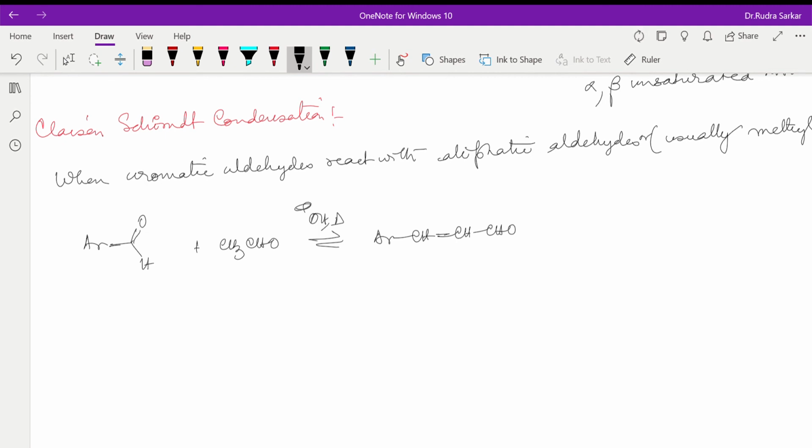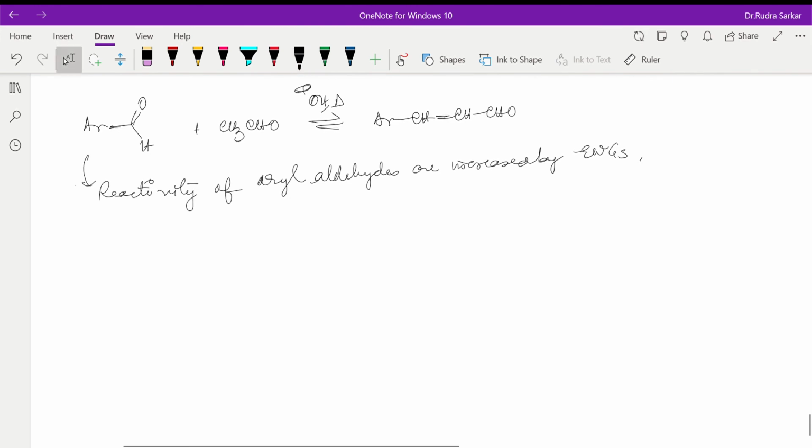Here, reactivity of this compound is increased by electron withdrawing groups.